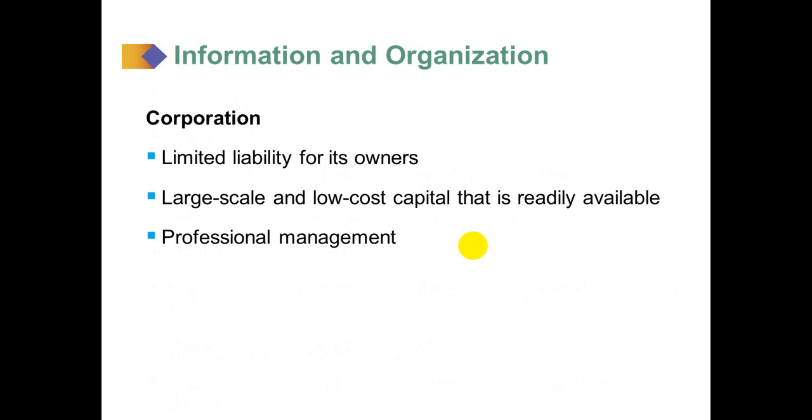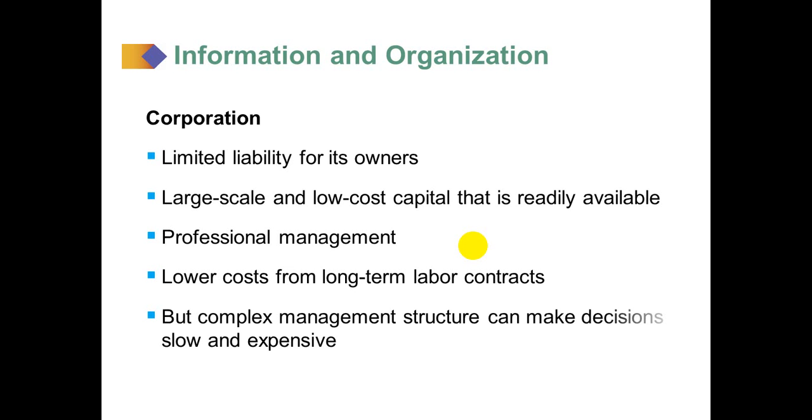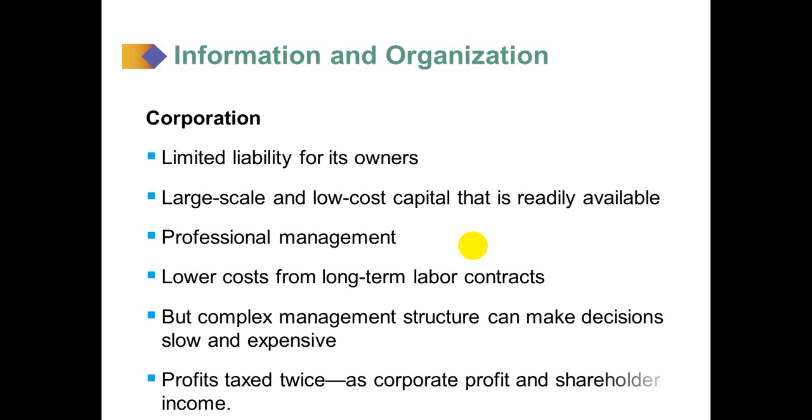The last one, corporation: limited liability for its owners, large scale and low-cost capital that is readily available, plus professional management, and lower costs from long-term labor contracts. But there is a disadvantage. It is summarized in a complex management structure that can make decisions slow and expensive. Also, profits are taxed twice, as corporate profit and as shareholder income.